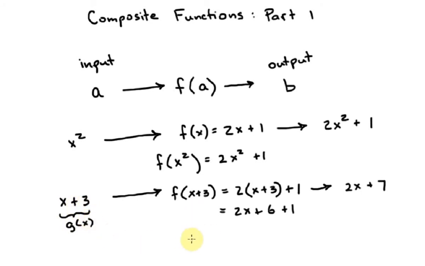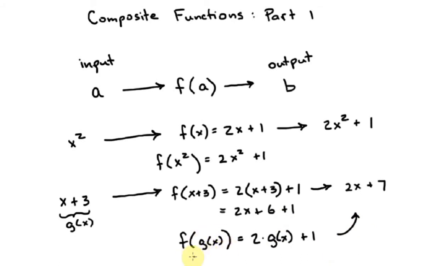So what I'm actually looking at is f of g of x. I'm letting g of x be the input into function f. Everything I've done has treated g of x as the input. I went 2 times g of x, and then I added 1, and I was able to simplify that into this result.